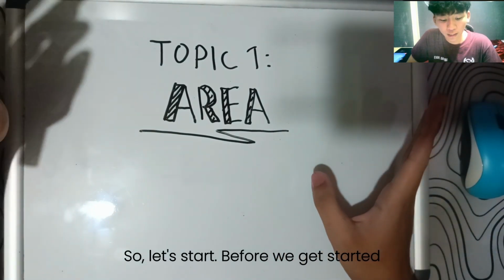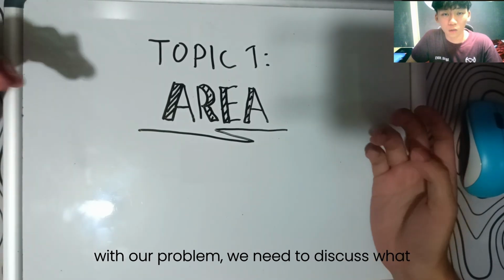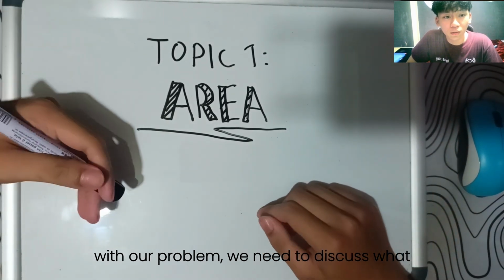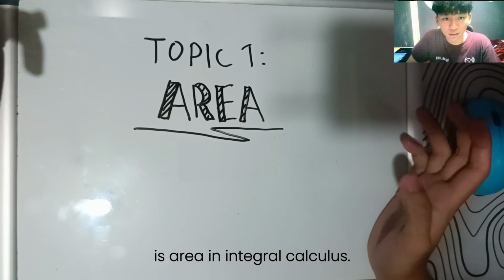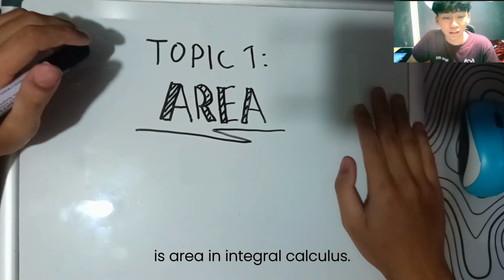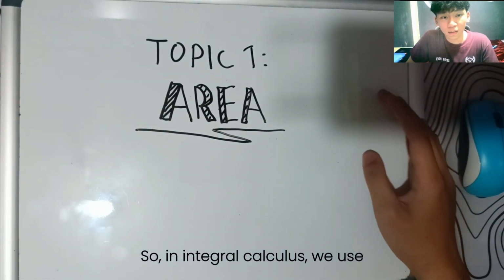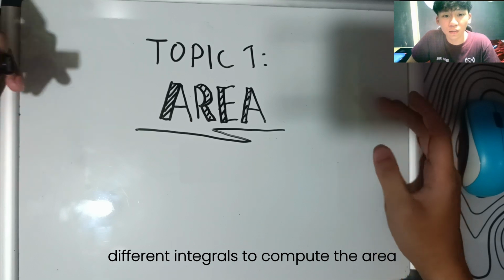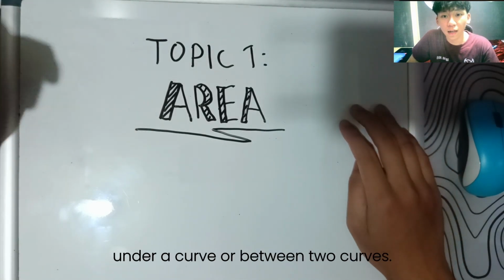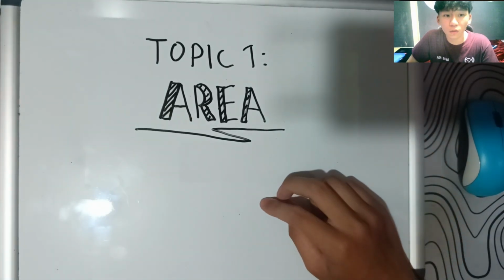Before we get started with our problem, we need to discuss what is area in integral calculus. So in integral calculus, we use definite integrals to compute the area under a curve or between two curves.